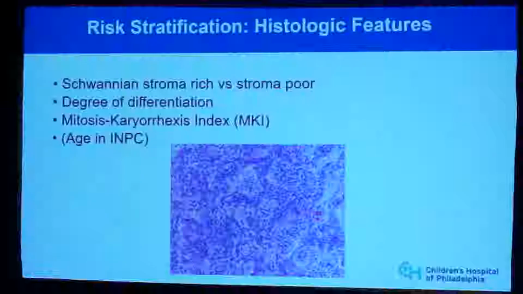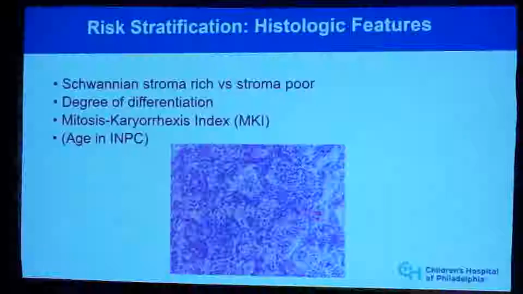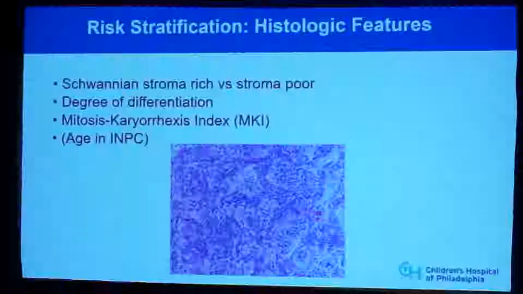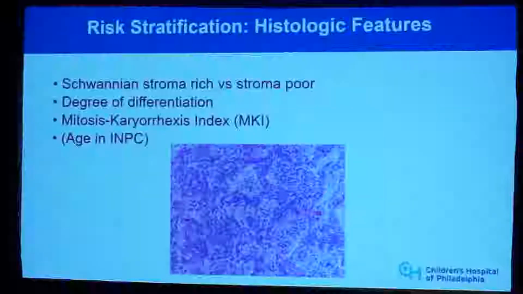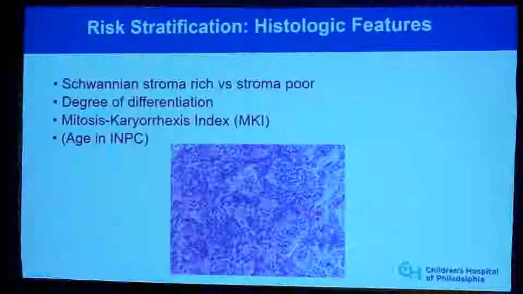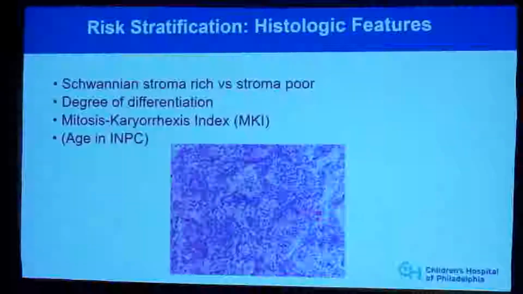Those three features, plus the added feature of age, comprise the International Neuroblastoma Pathology Classification System known as INPC. And there's some differences in whether the INPC is used as is or whether components of the INPC are used in different parts of the world. But the point is that putting this together with age and stage, histology is another important feature that we look at.